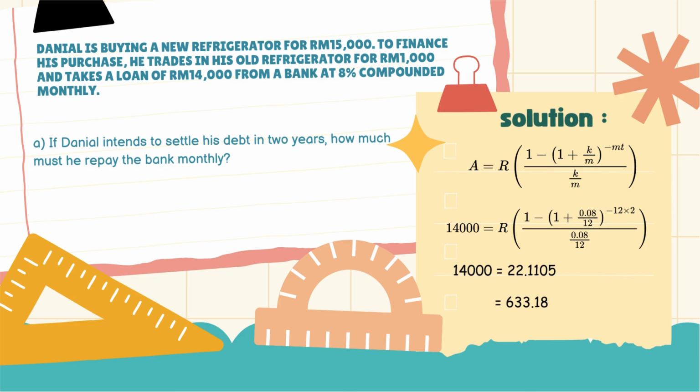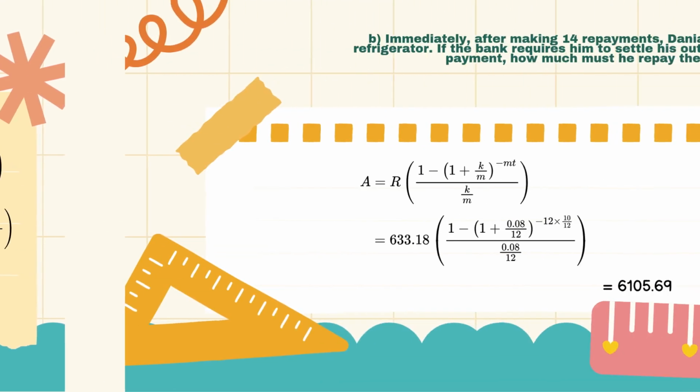So, 14,000 equal to R in brackets 22.1105. So, you bring 22.1105 to the left side, which is 14,000 ringgit divided by 22.1105 equal to R, and R is 633.18.